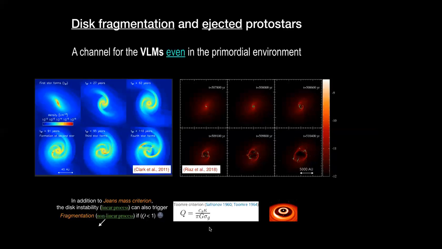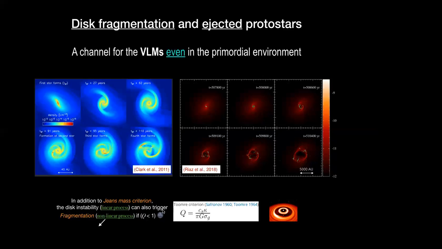For instance, if you have a disk, and if the disk is thick enough, then it is going to make the Q drop down below 1, and then this can fragment. So high surface density of the gas can make the Q drop down and can cause the fragmentation.